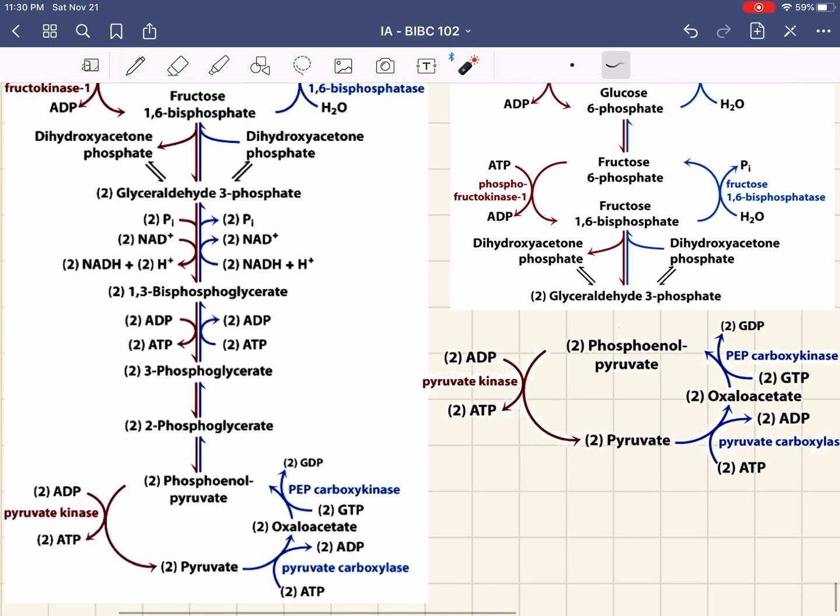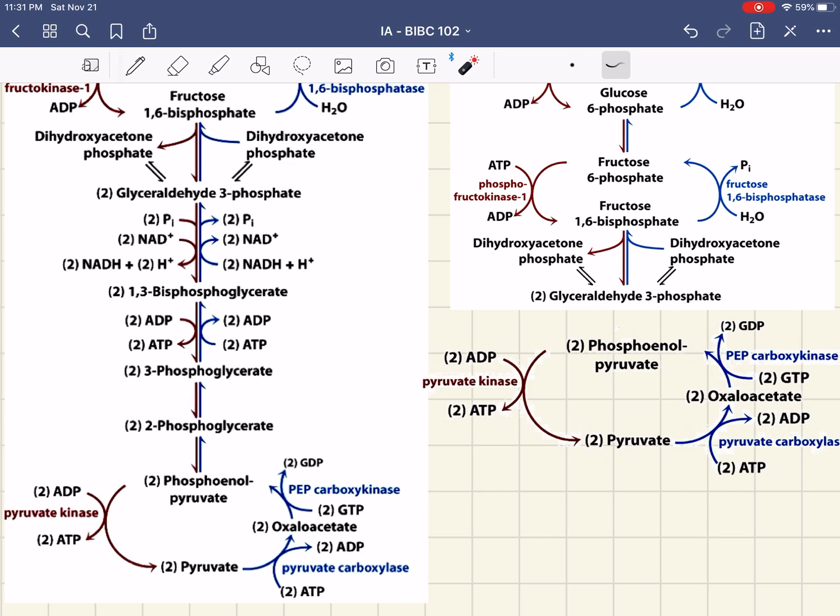So, from pyruvate, we use ATP and pyruvate carboxylase, right? And remember what carboxylases do? They carboxylate molecules. They use bicarbonate and biotin. We take pyruvate and we put an extra carboxyl group on it, and we form oxaloacetate.